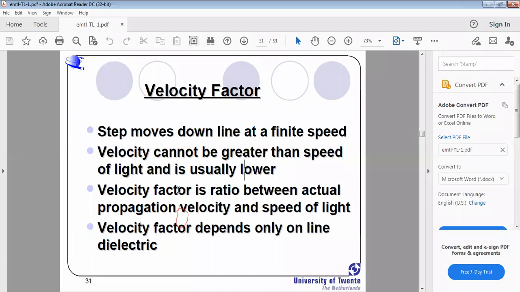At the source end I am teaching the class, and at the destination end you are listening. In case one, the medium is free space, where the signal propagates with the velocity of light, 3 into 10 power 8 meters per second. Just consider that the ideal case.